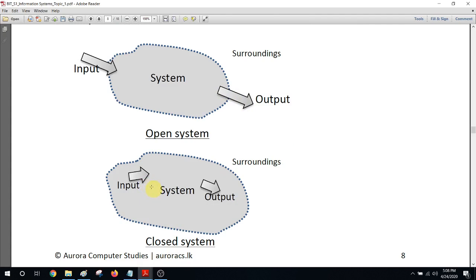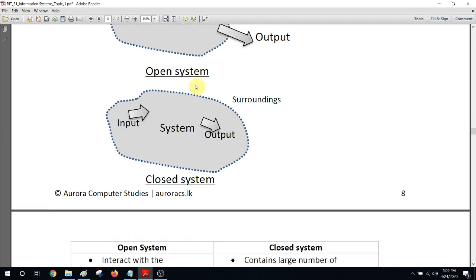If you think about practicality, most practical systems are open systems, because closed systems are basically useless unless you are keeping it closed for some experimental purpose. So in reality, most practical systems are open systems. Obviously information systems are open systems.